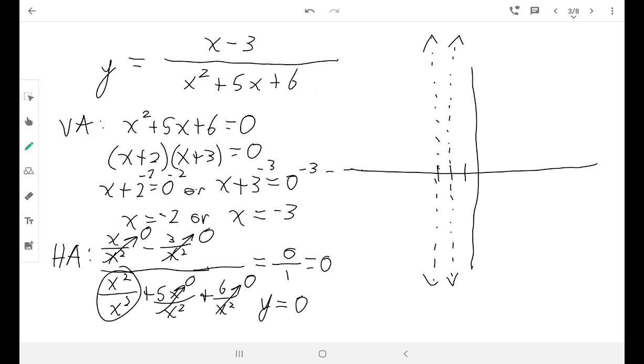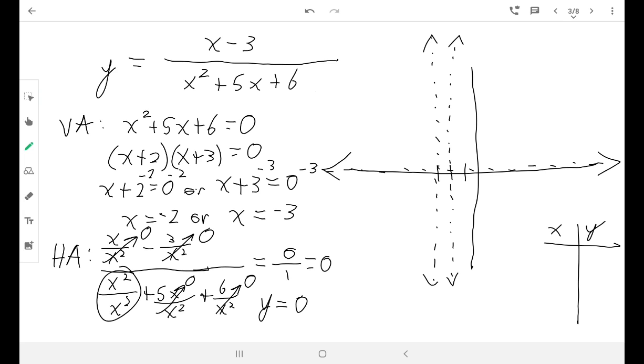Okay, so that means my horizontal asymptote is right there. Then these don't fit any certain pattern, and that is the real crux of this. So what you have to do is build a table, and the values that you have to pick would be somewhere to the left and right of each asymptote.